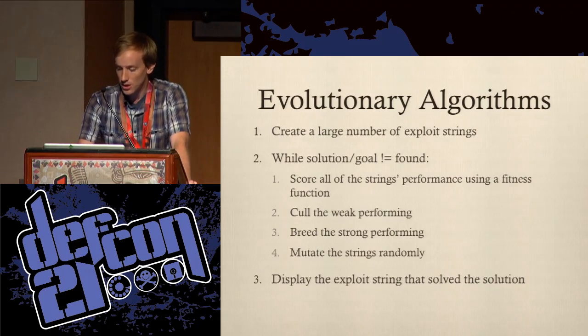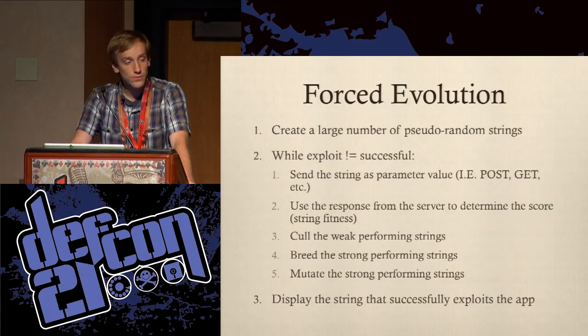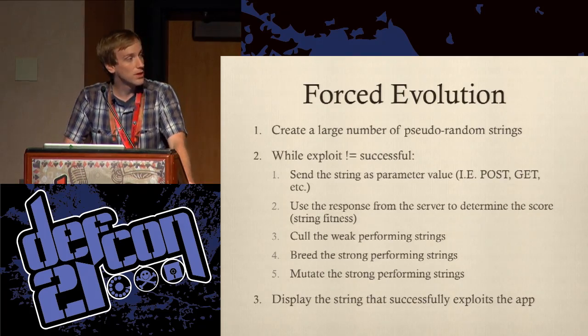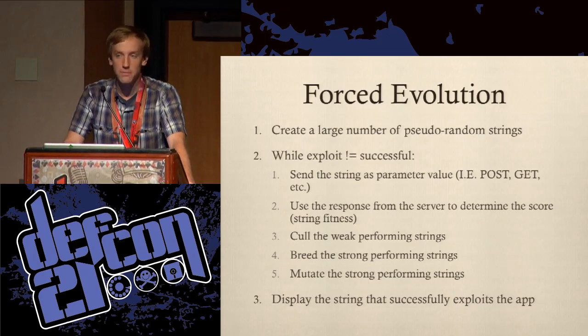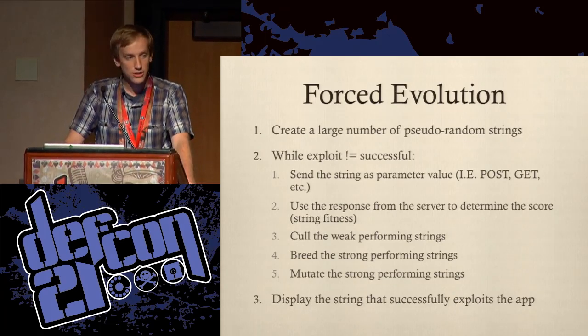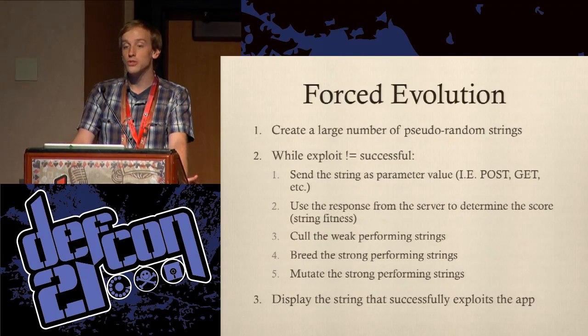The tool, forced evolution, does exactly this. We create a large number of pseudo-random strings. We pull upon the history of all previous SQL injections and command injections, at least all that I could find, and use them to influence the population of creatures that we breed, so we're not losing evolutionary progress.